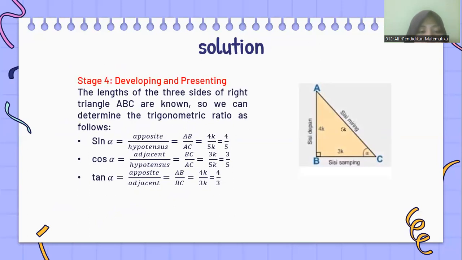So next, step 4, developing and presenting. The lengths of the three sides of right triangle ABC are known, so we can determine the trigonometric ratios as follows.